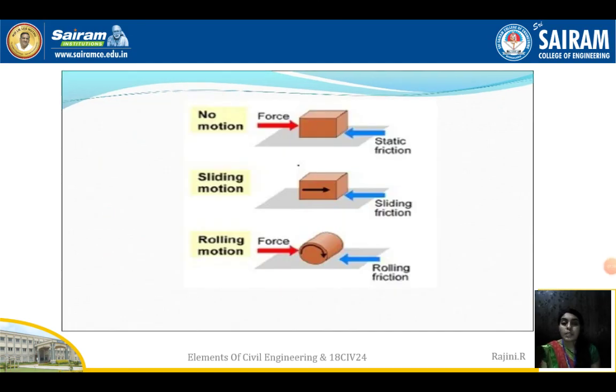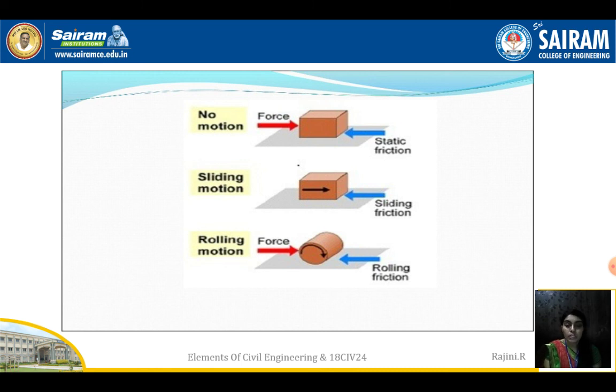Okay, here you can see a few types of friction. First, static friction, right? The force is acting rightwards and the static frictional force is acting leftwards. Next, sliding motion, where the motion is acting rightwards and sliding friction acts leftwards.